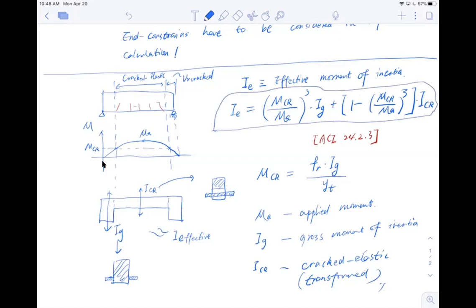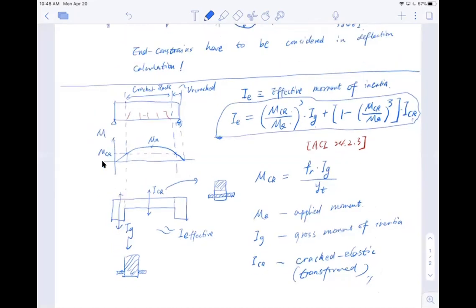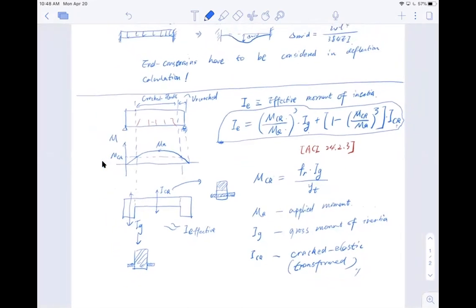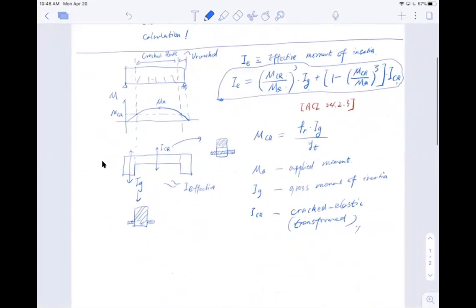It is an equation of both the cracked moment and applied moment, and also of both the gross moment of inertia at the intact section and the cracked moment of inertia at the cracked section. That's what we're going to talk about next lecture in terms of deflection. I just want to start it today, so this gives us an opening, and we'll talk about this on Wednesday.